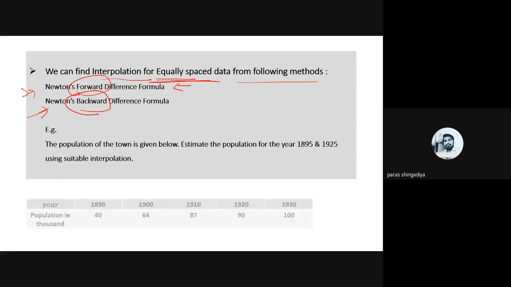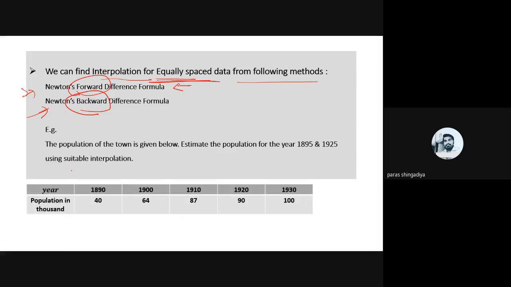In this table, an example is given: one arbitrary table, the population growth in this town given below, estimate the population for 1895. And the second year given is 1925, that is in between the last interval, and the first is in between the first interval. So now the question is when you have to apply Newton forward.